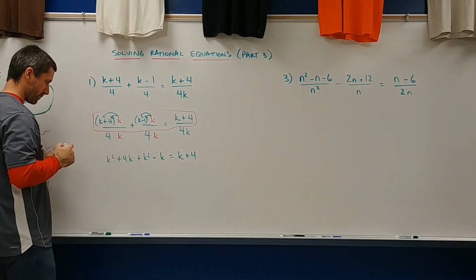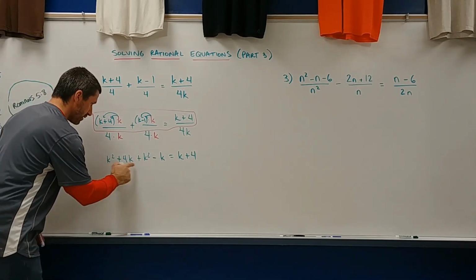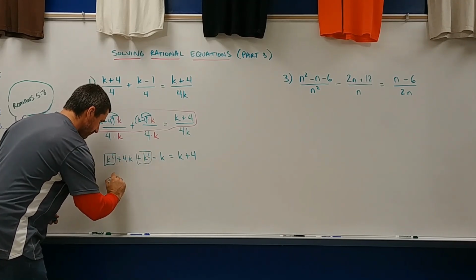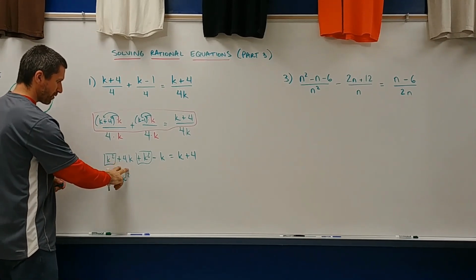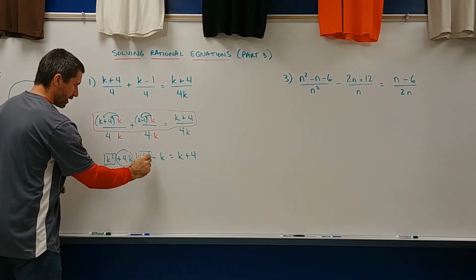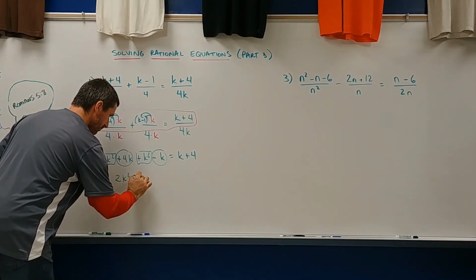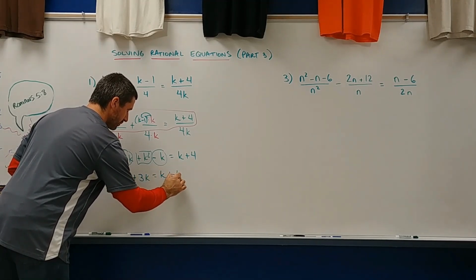All right, let's zero out the quadratic, get it in standard form. K squared plus k squared is 2k squared. We've got 4k minus k, that's 3k. So plus 3k equals k plus 4.